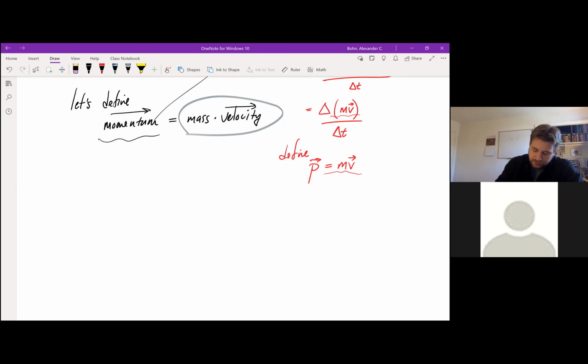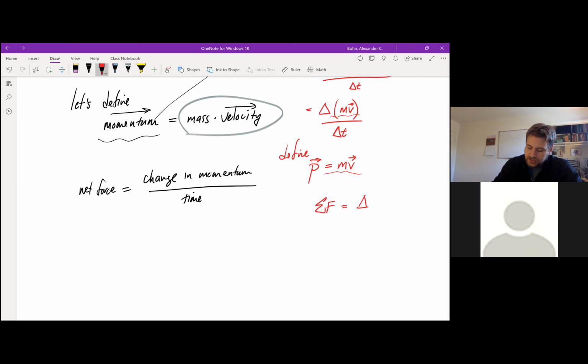Net force is equal to change in momentum over time.